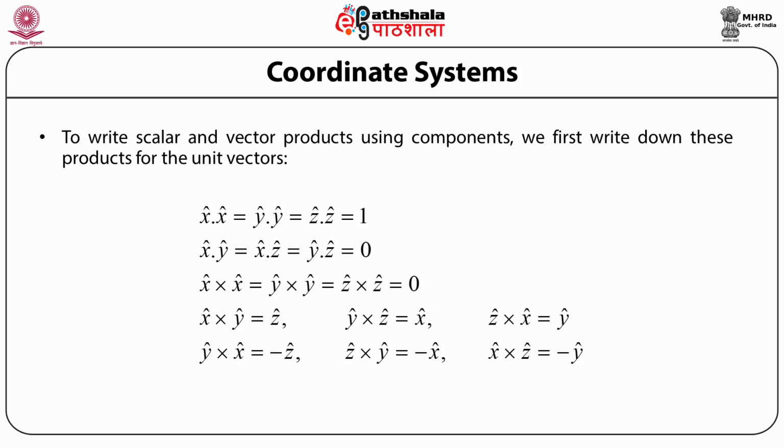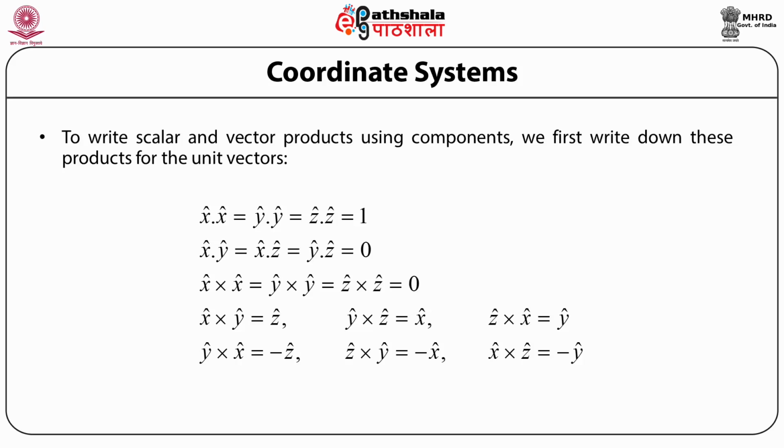Hence, the dot product of unit vector x and unit vector y is 0, and this is also equal to the dot product of unit vector x and unit vector z, or the dot product of unit vector y and unit vector z.